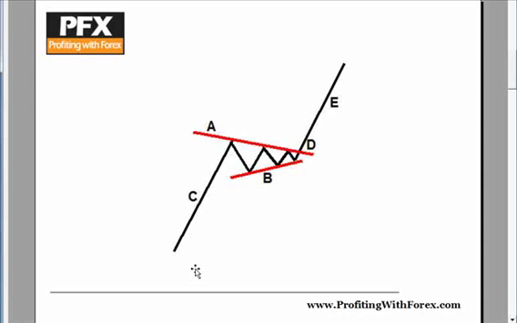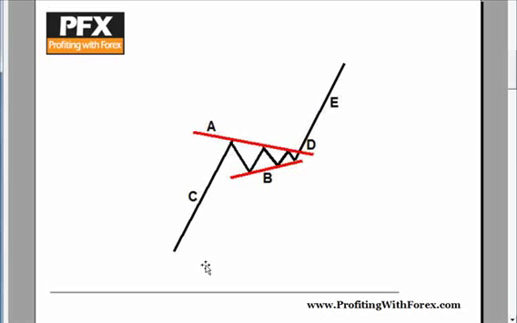Anytime we see a continuation pattern, we would anticipate seeing the previous trend continue after the price pattern has formed. Anytime we see a reversal pattern, we would anticipate seeing the previous trend reverse itself and start moving in the opposite direction after the price pattern has formed.